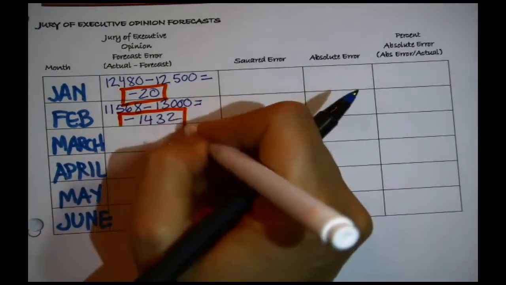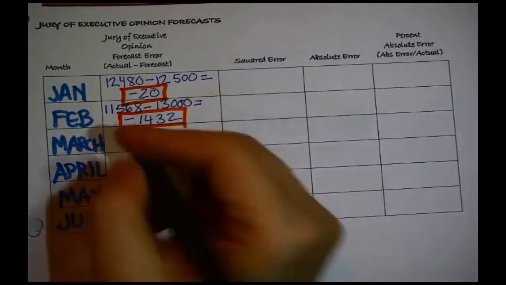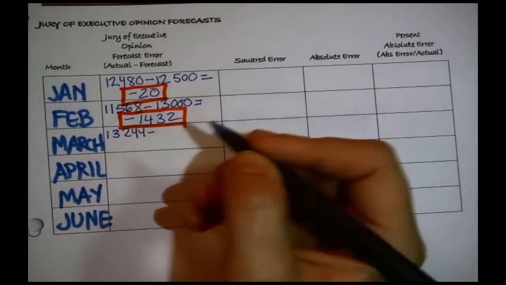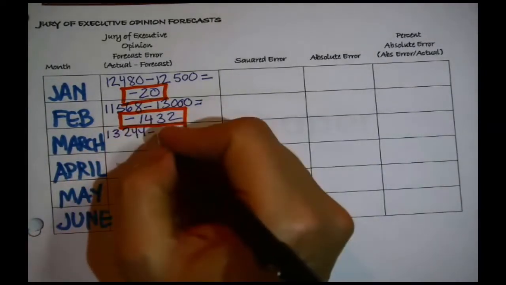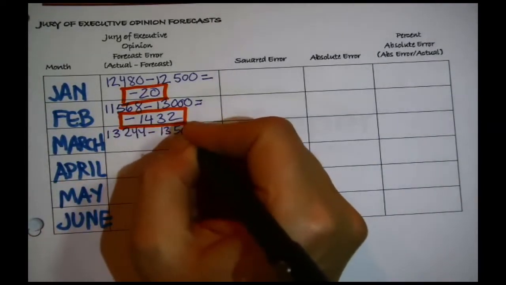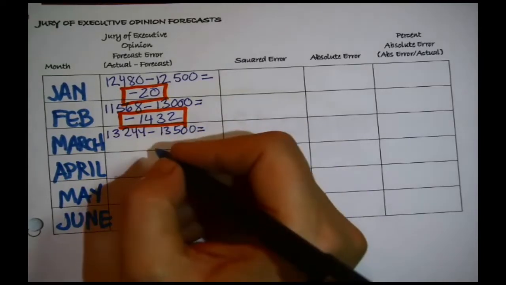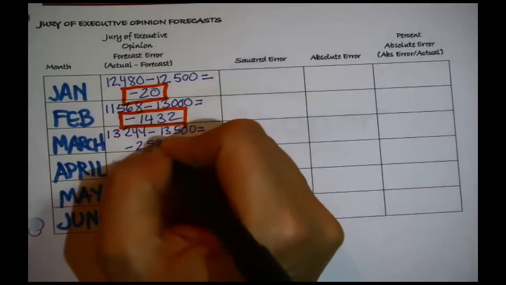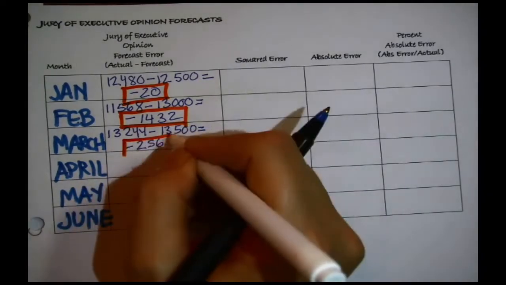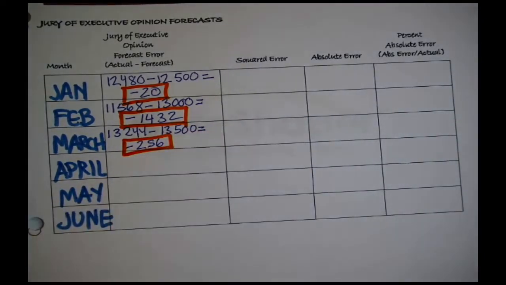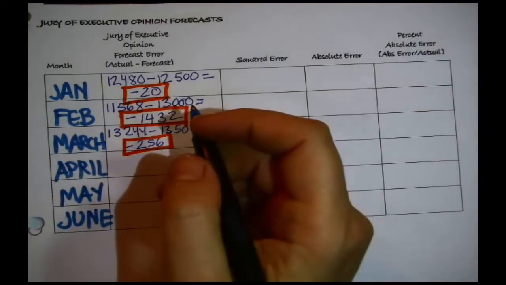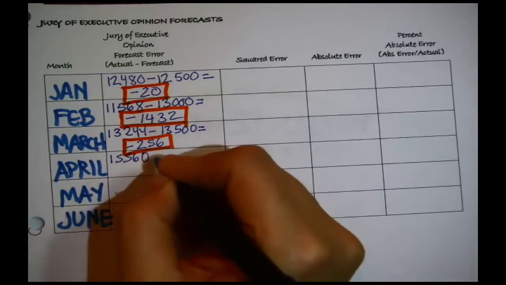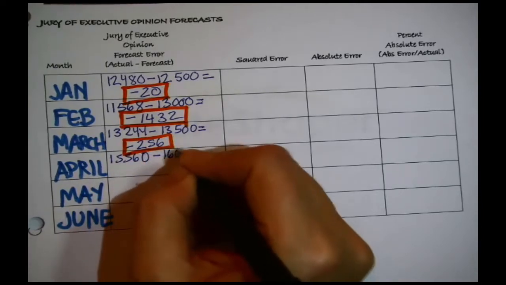Okay, good to know. In March, what actually happened, there were 13,244 transports, minus what did they say would happen? 13,500 transports, so that's an error of negative 256. In April, there were 15,560 transports. They predicted 16,000 transports.